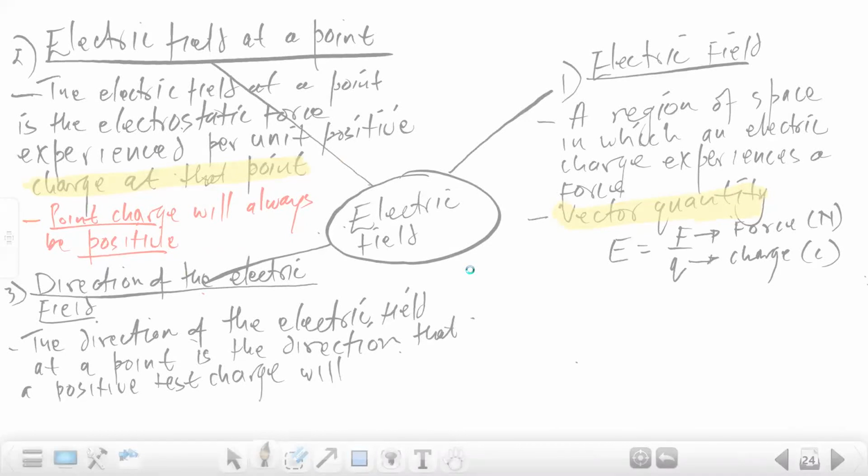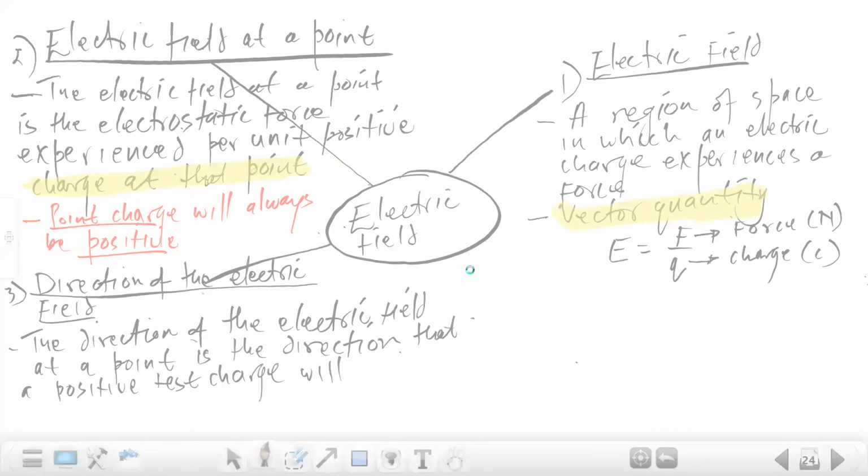What does this basically say? It says the direction of the field will be influenced by the positive test charge. So the test charge will always be positive.